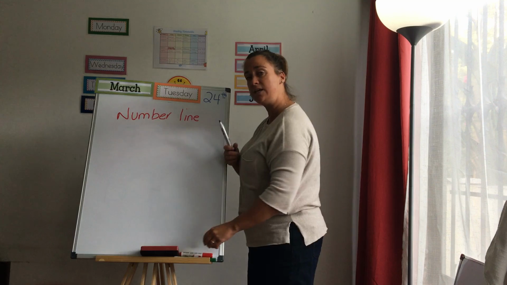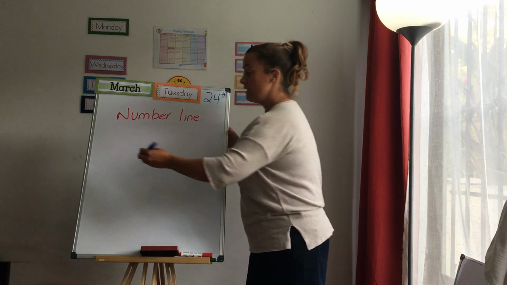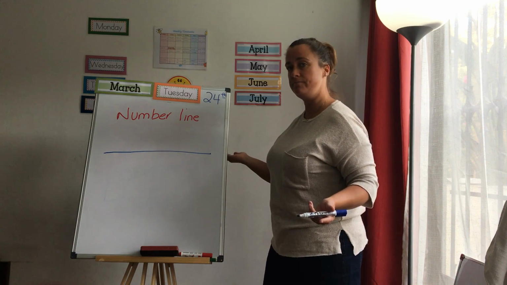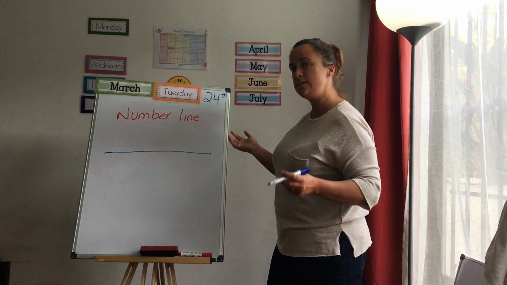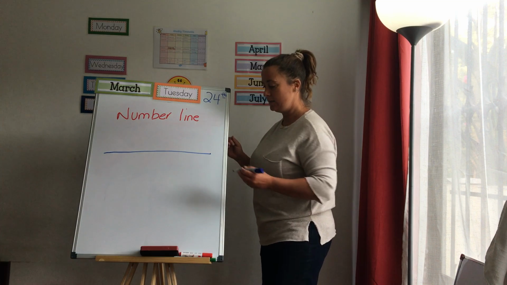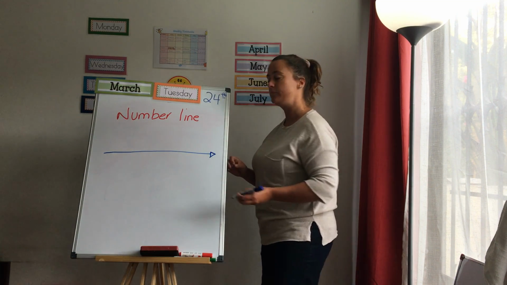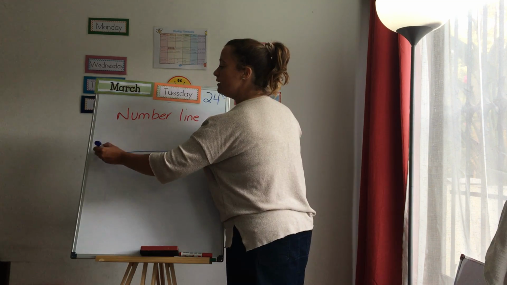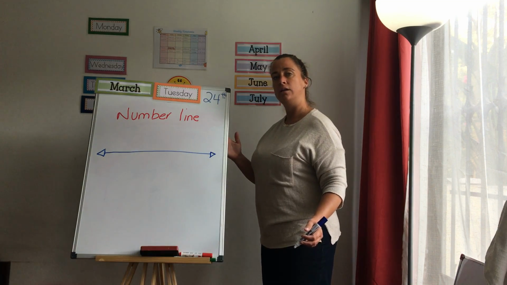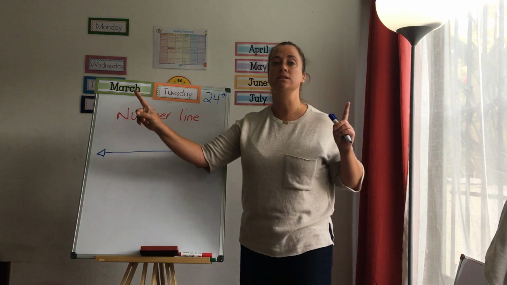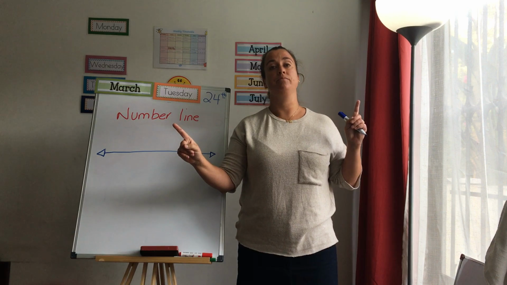Again, the words are telling me what it is. It is a line full of numbers, okay? The nice thing of this line is that it has an arrow going one way and an arrow going the other way. This means that this number line never ends, right?